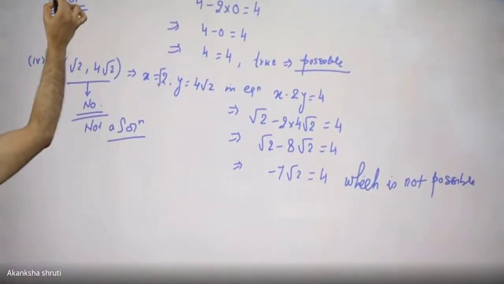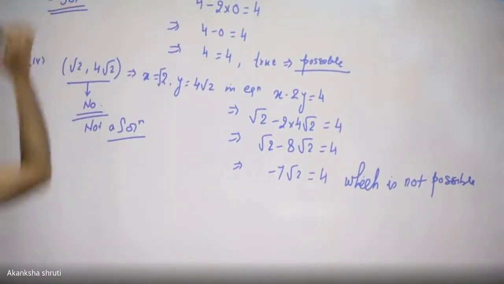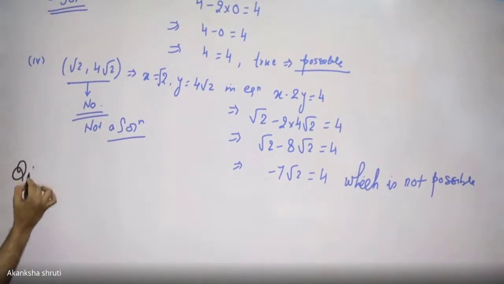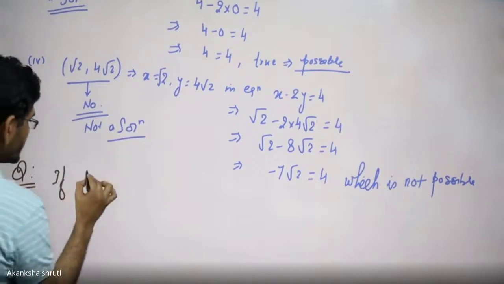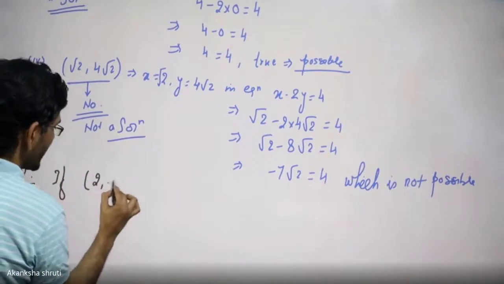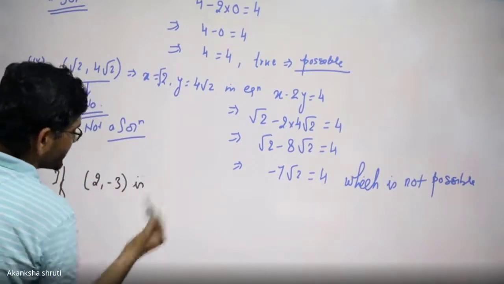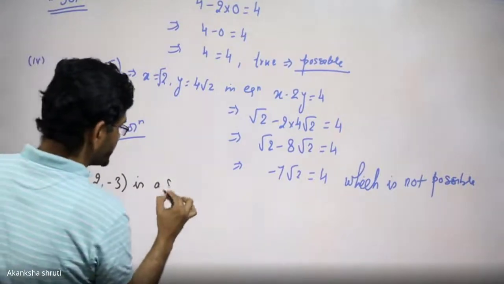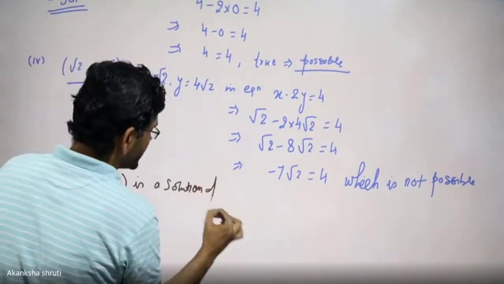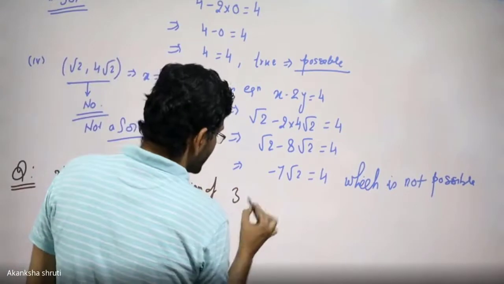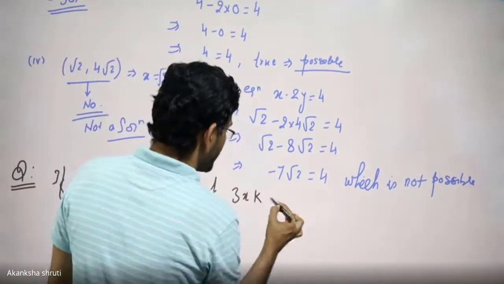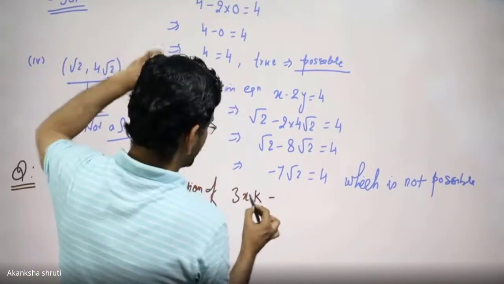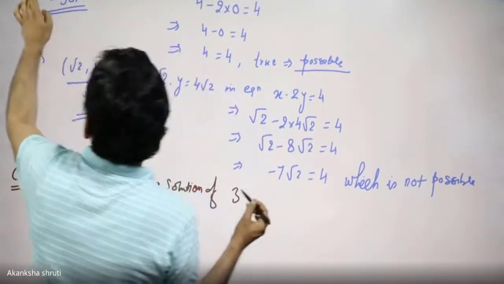Students, the other question asked or framed is considering a solution. Say, if (2, -3) is a solution of 3kx minus 5 equals 4y. There is one unknown also, k, which may be written first, as 3kx.